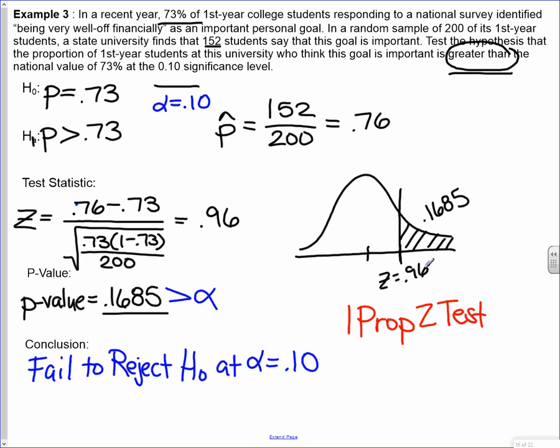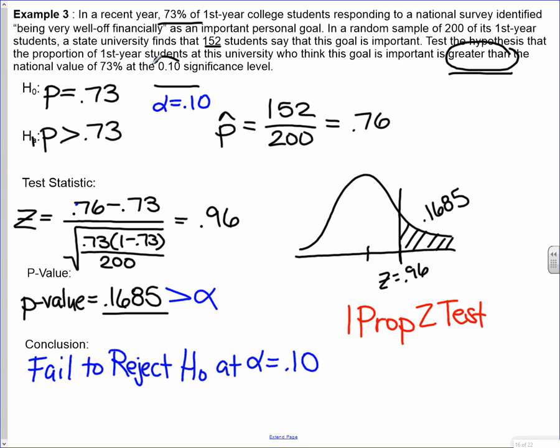That's the area. So what that tells us is the probability that we would get a statistic of 76% or more is 0.1685. So that would happen about 16 or 17% of the time. Not really that unlikely, right? But to be able to tell if it's unlikely enough or not, we're going to compare it to alpha.